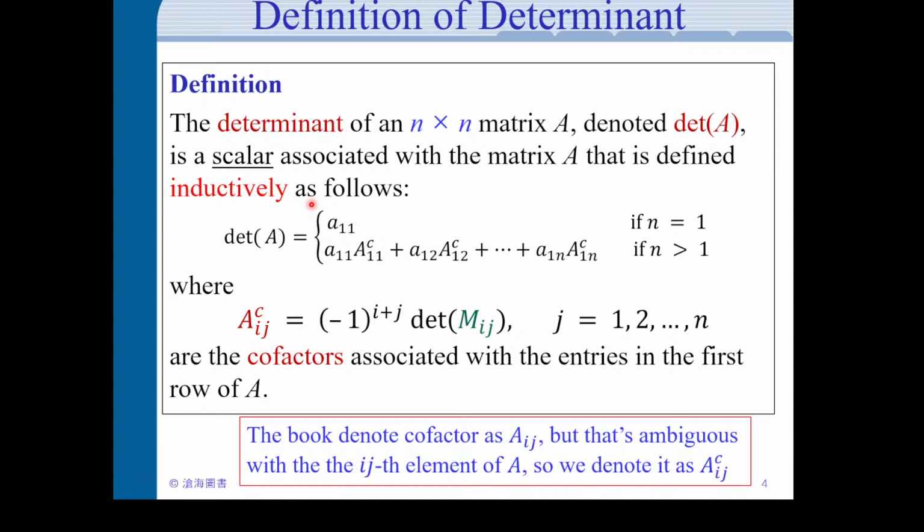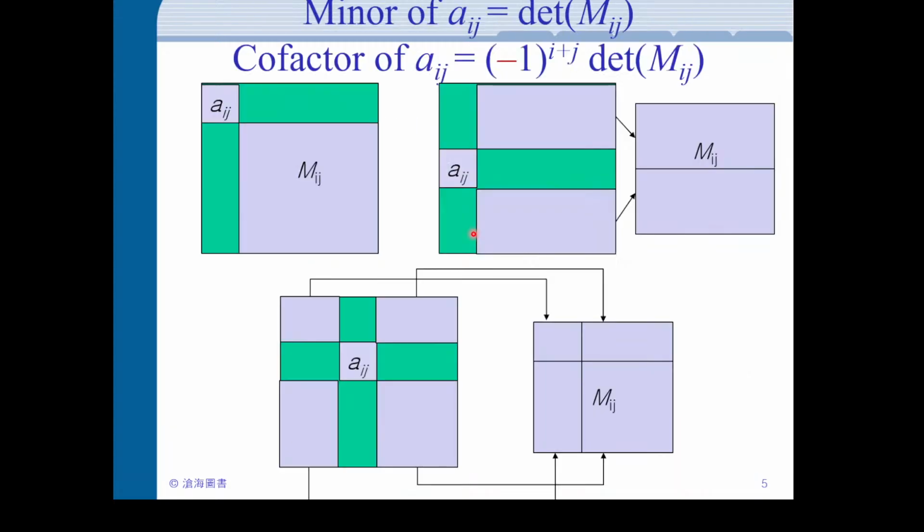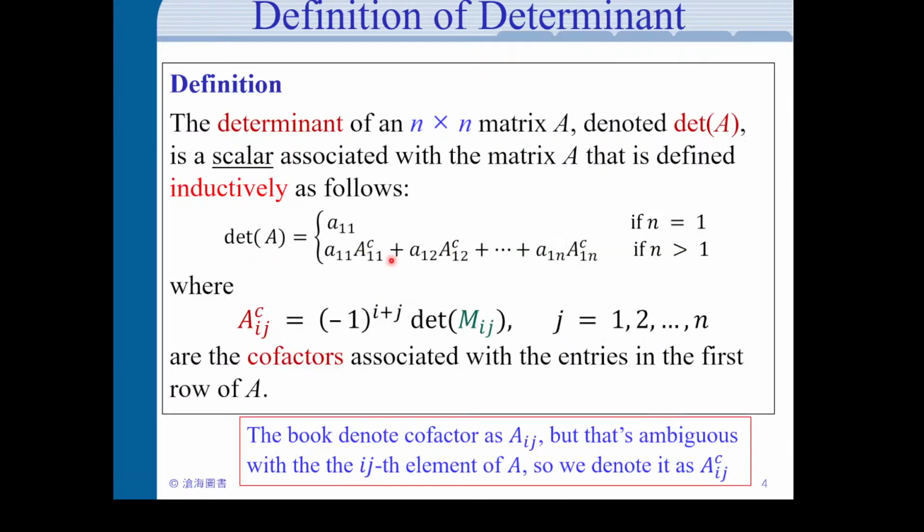Here we have the definition where we expand on the first row of A. What we do is we take each element of the first row, so it's a11, a12, up to a1n, each multiplied by a cofactor. And the cofactor is something you can calculate from an n-1 by n-1 submatrix.